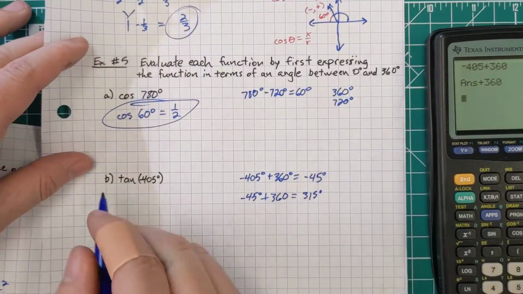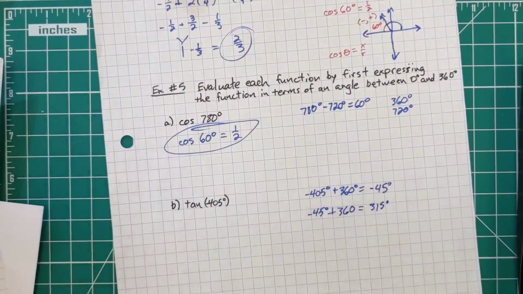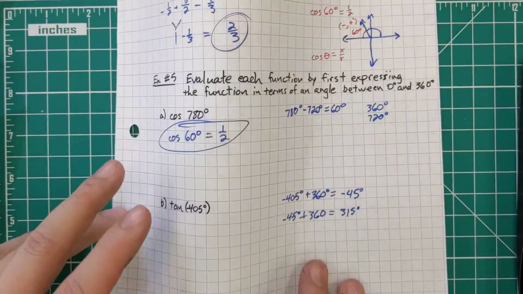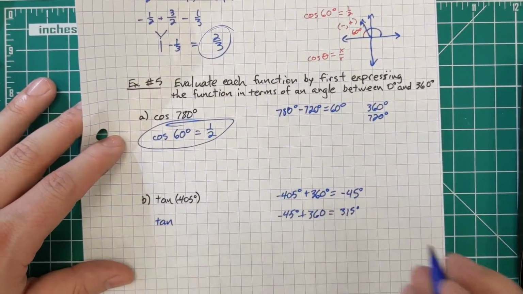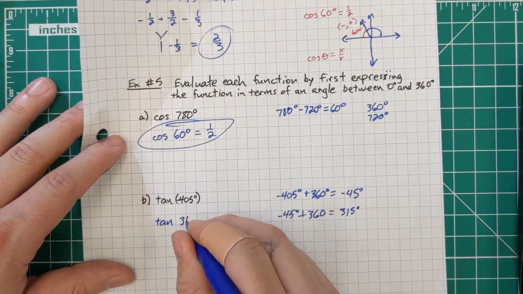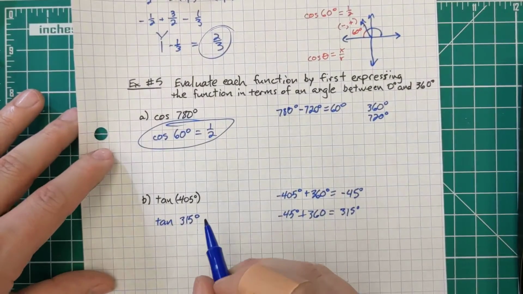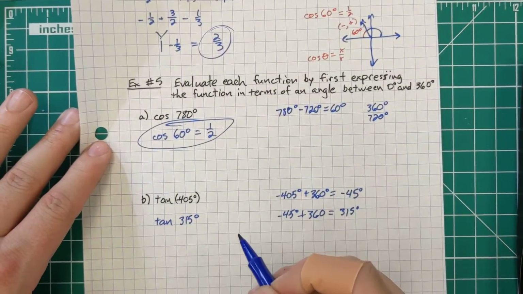So this tangent of negative 405 degrees becomes the tangent of 315 degrees.